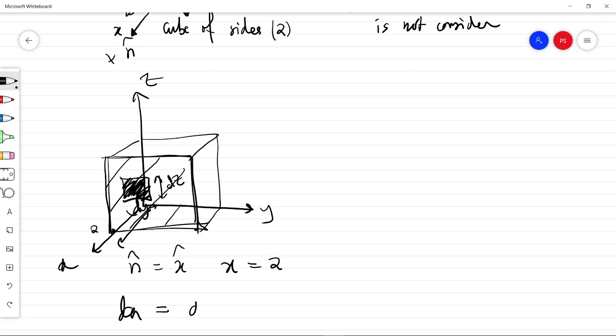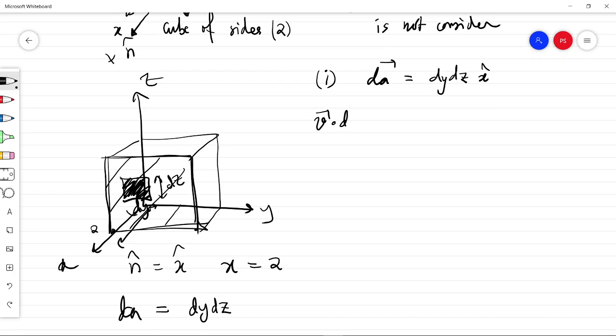So this dA is just going to be dy dz. So for this first particular surface, dA bar is just dy dz x cap.